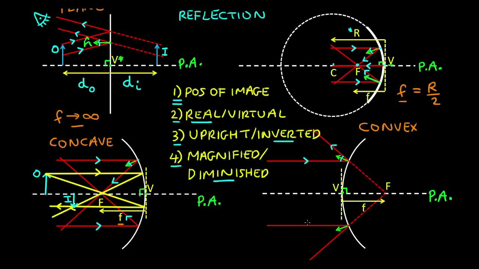And we have another incident light ray parallel to the principal axes, so that'll get reflected in this manner. And if we extend these reflected rays, they meet at the focus. So this time for a convex mirror, the focus is behind the mirror. And as we saw for the concave mirror, the focus was in front of the mirror.